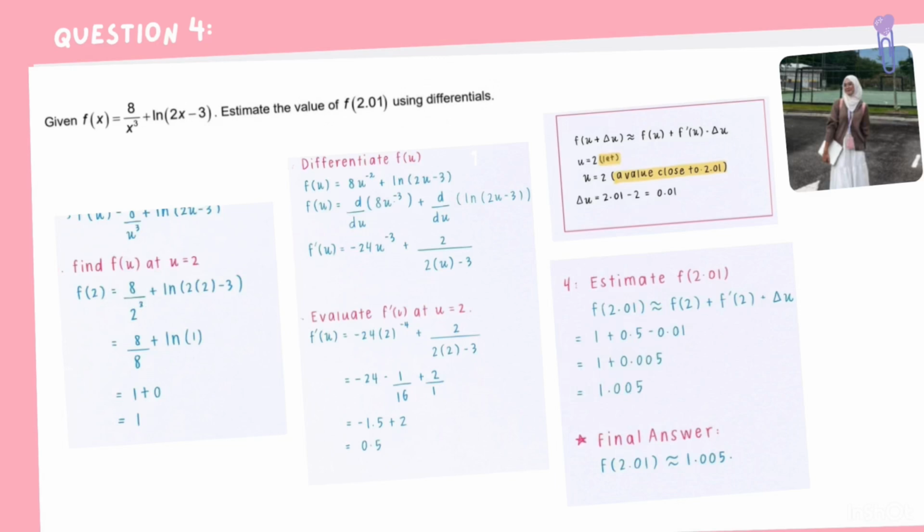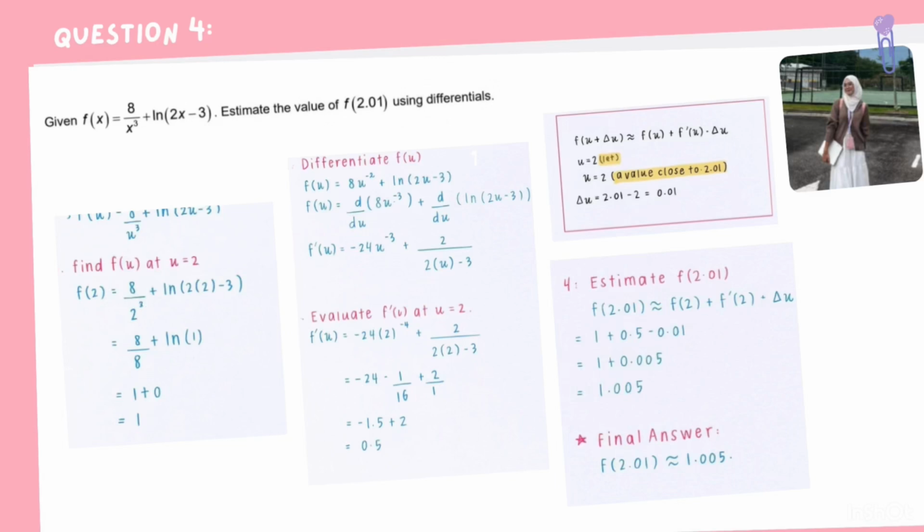Step 1, we have to use the formula for differentials. We are going to use the differential approximation formula, which is f(u plus delta u) approximately equals f(u) plus f prime(u) multiplied by delta u. Let's choose u equal to 2 because it's close to 2.01, and delta u equal to 2.01 minus 2, which is 0.01.